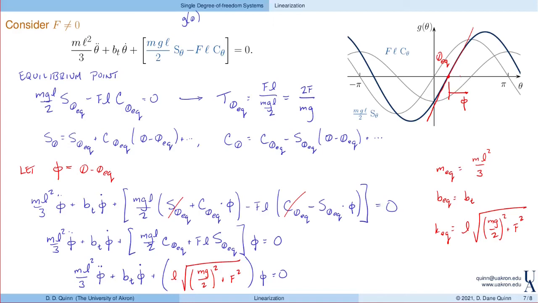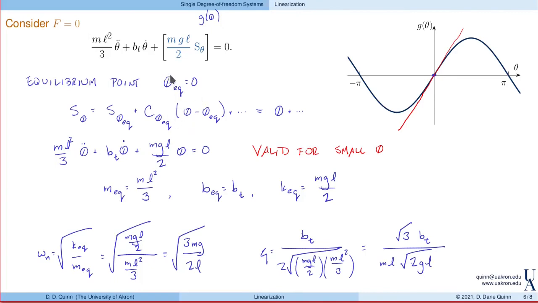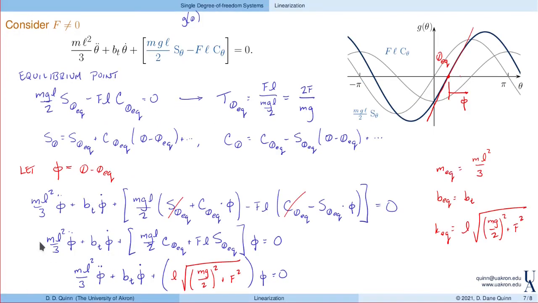Mostly we'll focus on things like this, where maybe we just have a pendulum that's hanging straight down in the equilibrium point, so that the linearization is relatively straightforward. We can just use this small angle approximation. But I do want you to be aware that changing the static equilibrium position of a system can have a significant influence on things like the effective stiffness of the system.